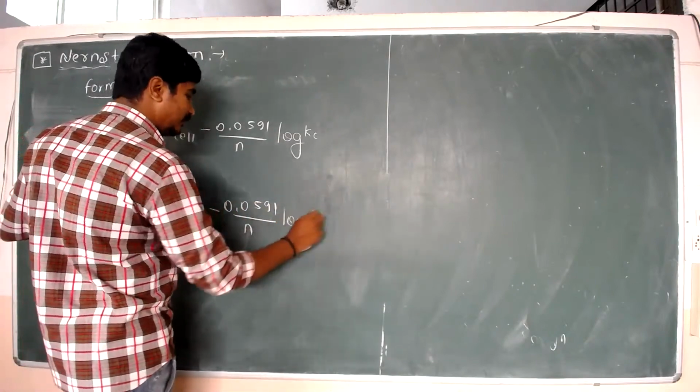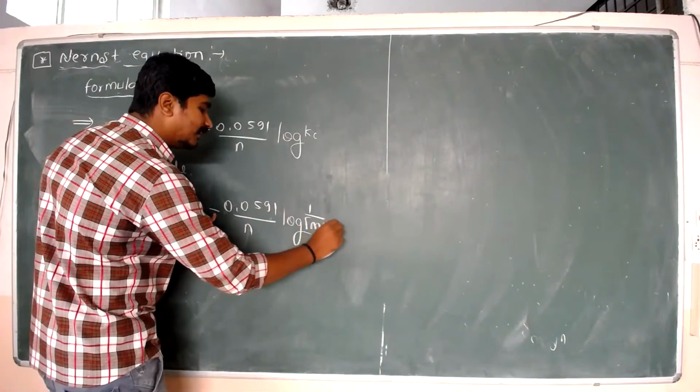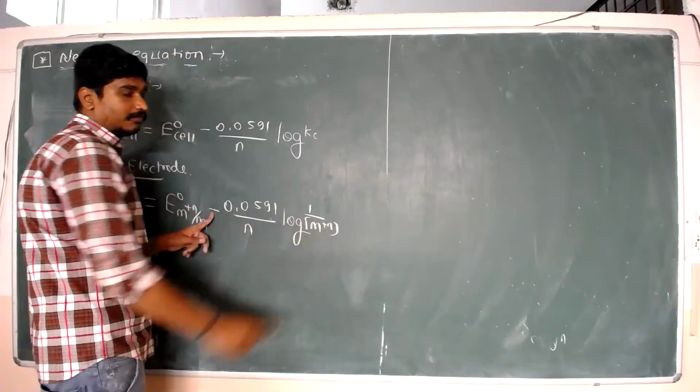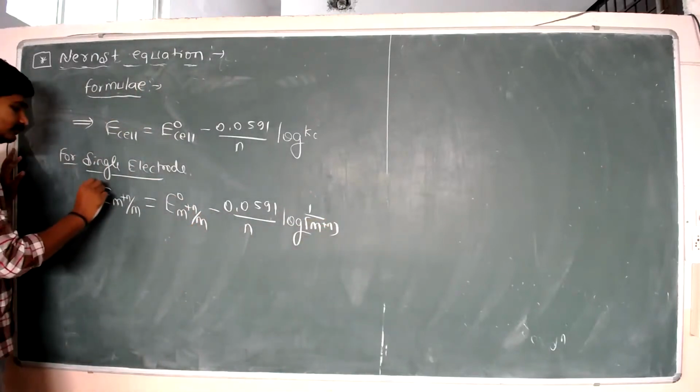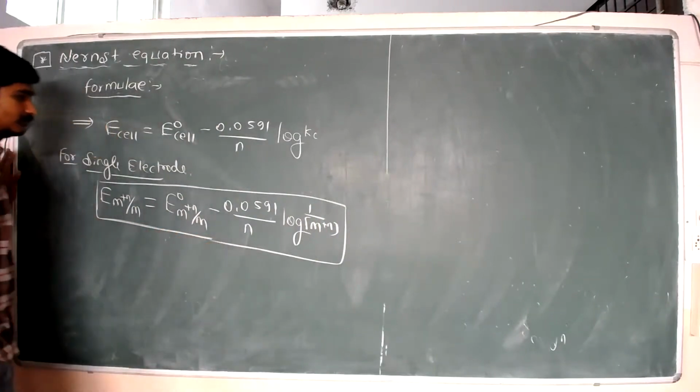I am writing minus, so it should be 1 by M to the power plus n. If you are writing plus, it should be log of only M to the power plus n. Just remember this one. This is for a single electrode.